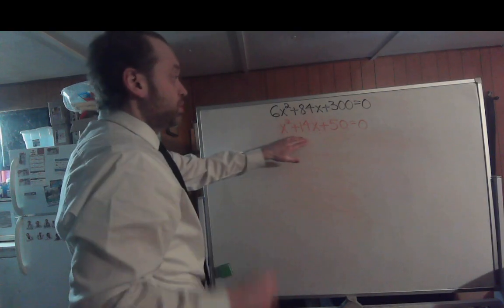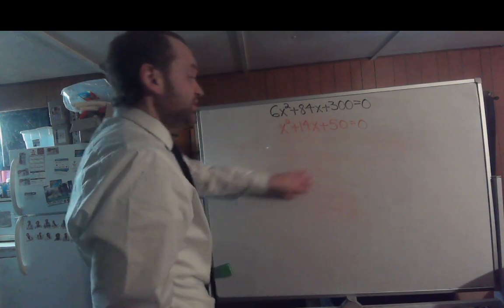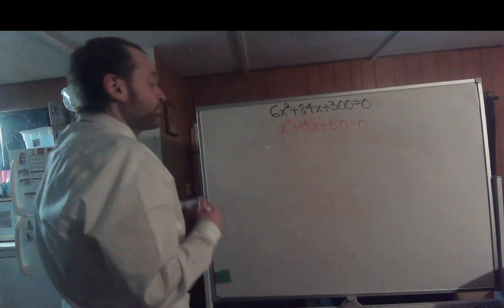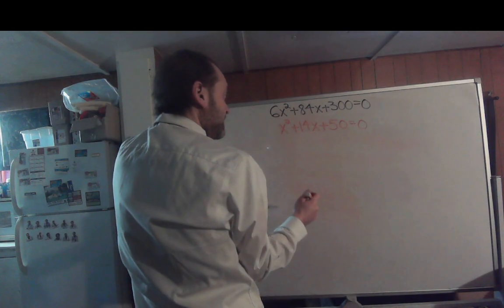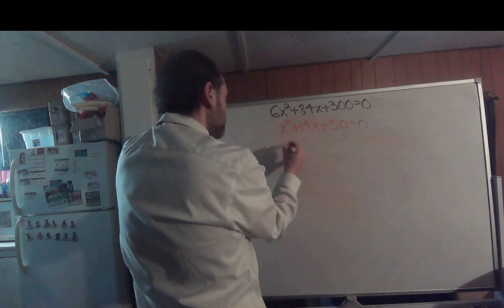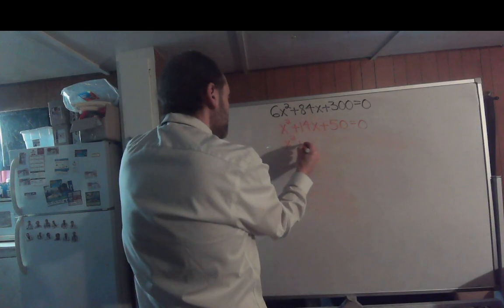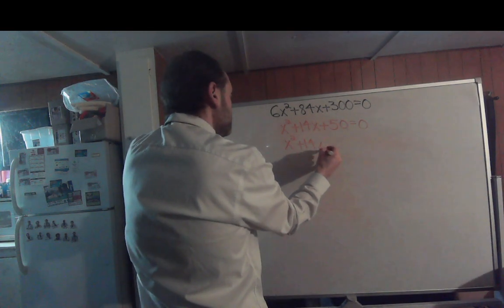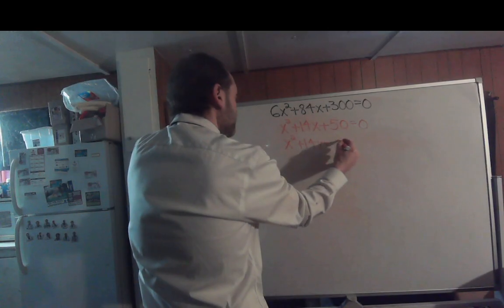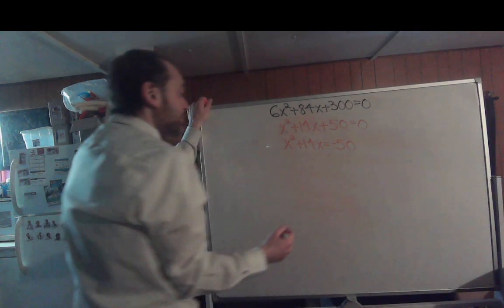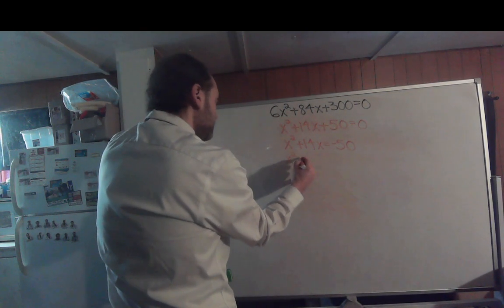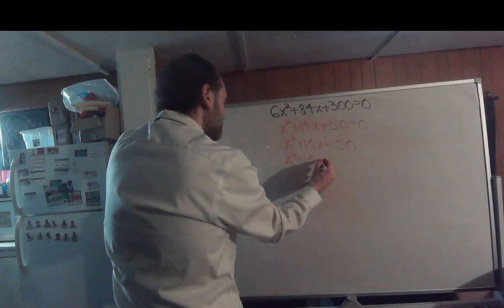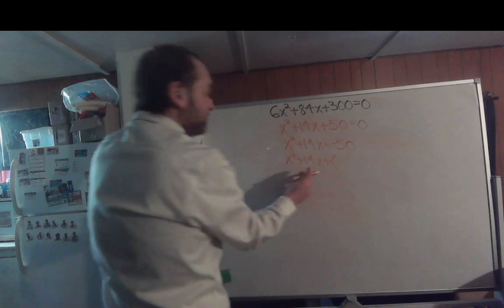Alright, so x squared plus 14x plus 50 equals 0. Let's move that 50 over to the right-hand side, get rid of the 50 out of the left, so this would be x squared plus 14x would actually equal negative 50. So now we can complete the square. Take your x squared plus 14x plus what is half of 14?